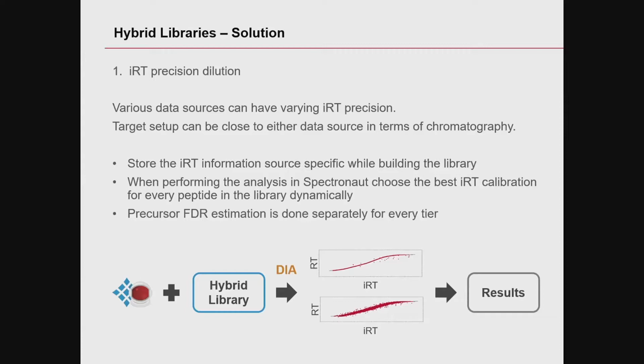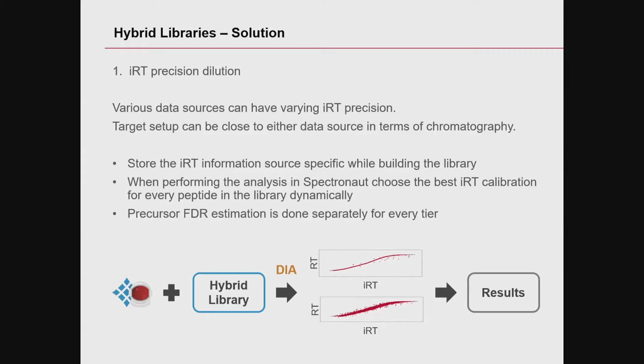So we don't only store a single value in the library, but we store as many iRT values as we have sources of data. In this case, it's 2 sources, but in principle, it can also be 3 or 4 or 5 sources. And then when we perform the analysis in Spectronaut with this library, we can dynamically choose which iRT to take. So we can just take the better one in terms of the calibration.